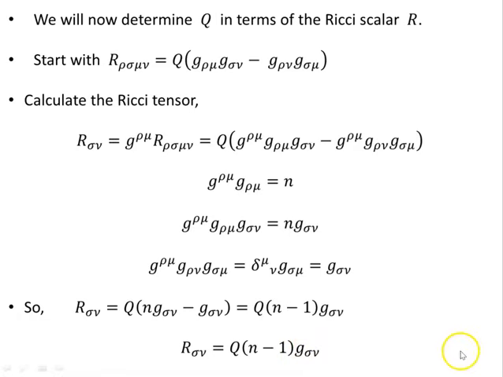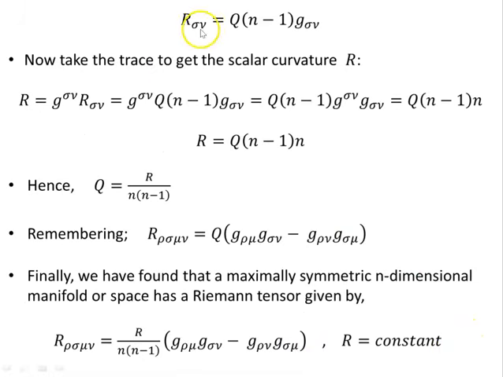So let's keep going. So this is what we found, the Ricci tensor. Now take the trace to get the scalar curvature R. Okay, so again we use the inverse metric here. This will give us R here. Both indices sum out. So we get this object here times that.